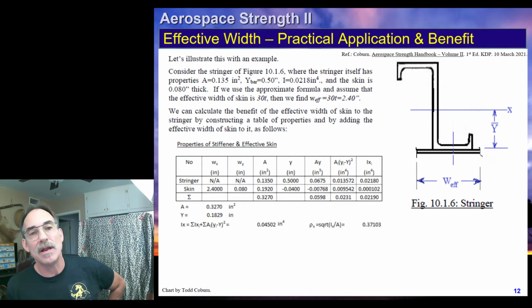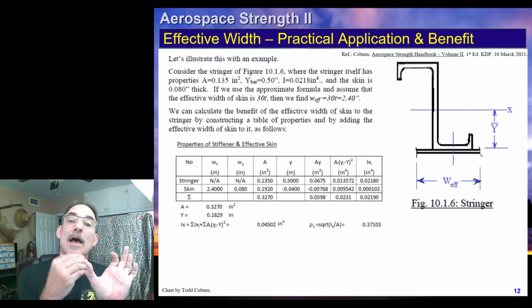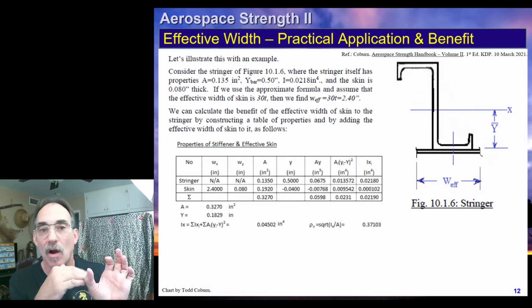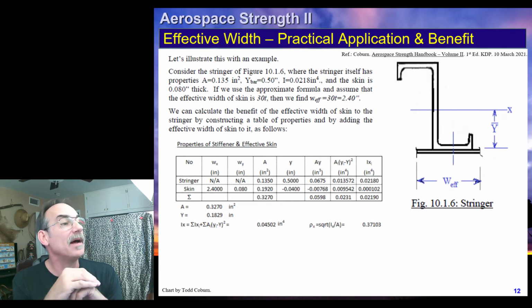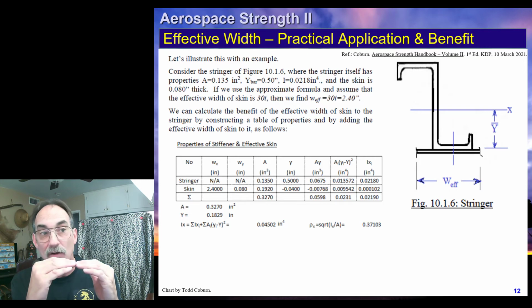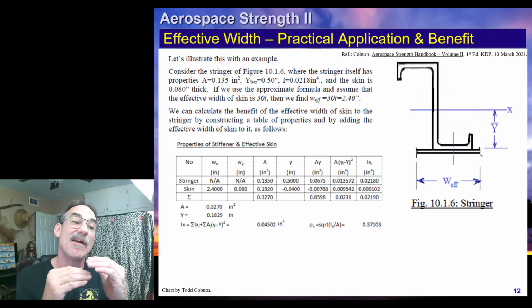We can put the stringer in one line and the skin in another line. And we already have the properties of the stringer. That's given. So you've got the A, the Y bar, and the I of the stringer, as you see in the first row. In the second row, we have the skin. So we calculate what that effective width is and what the thickness is. We calculate the area of that and its Y bar relative to our starting point. In this particular case, you'll notice that I'm using the Y bar of the stringer from the bottom of the stringer, and I'm using the skin as down below my reference axis.